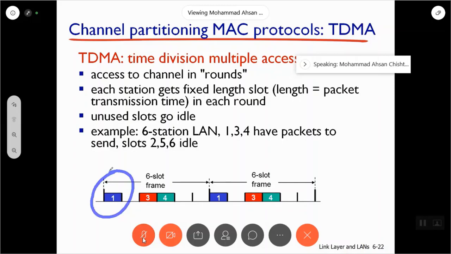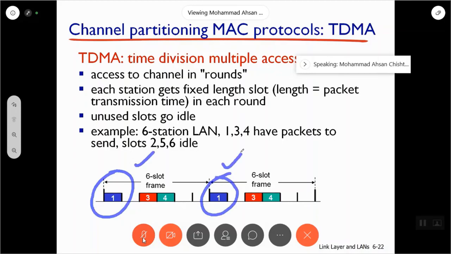This is a link in which there are 6 stations and 6 stations get a slot each. So after every 6th one, the first one would get another chance here.